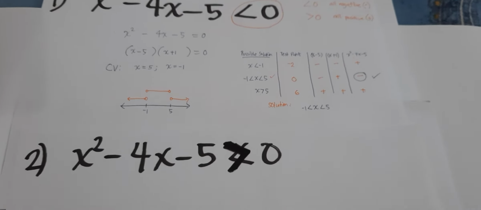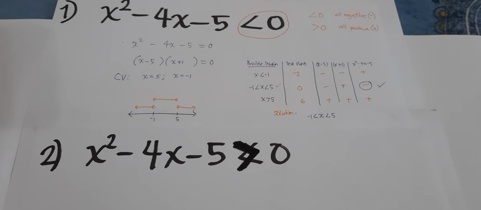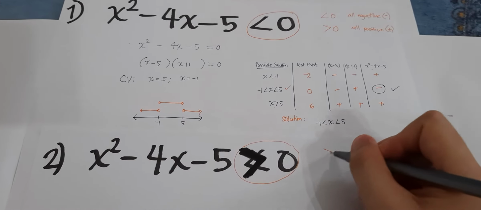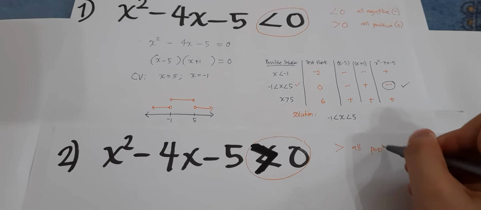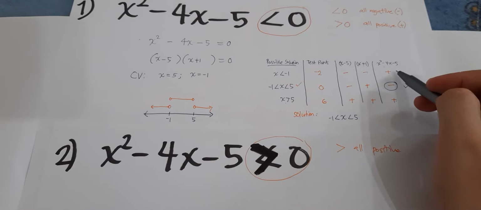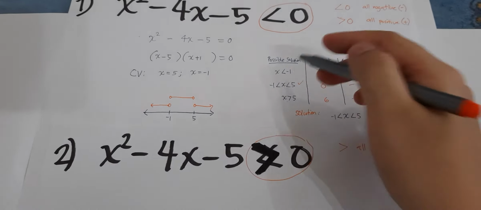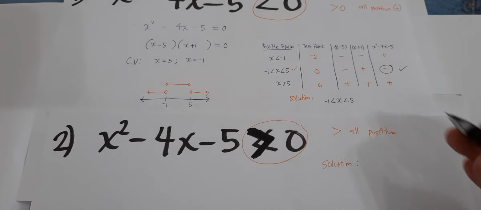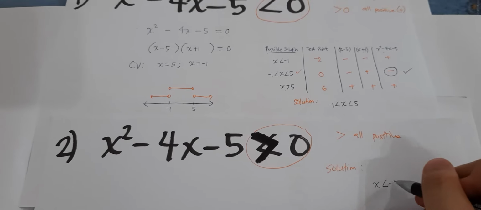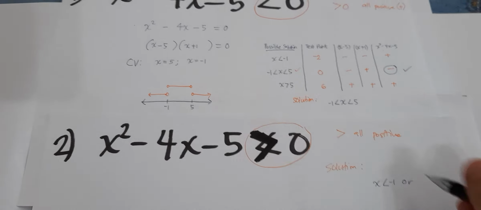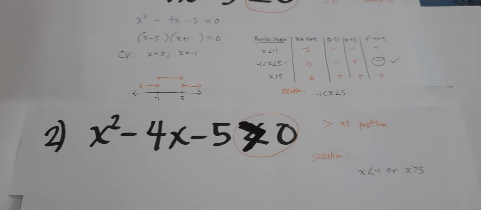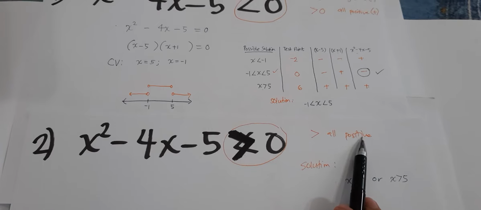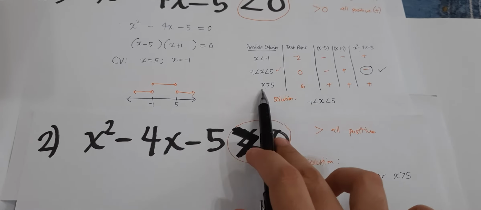The given is greater than 0, so we will choose all positive. Where is all positive? This one and this one. So therefore, your solution is x less than minus 1, or the third one. Greater than 0, I will take the positive. This is positive and this is positive.